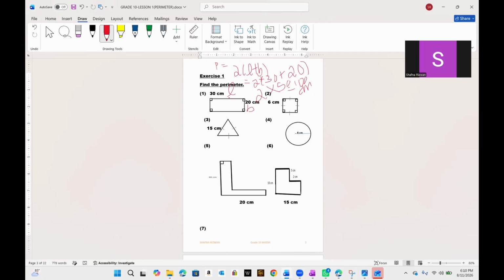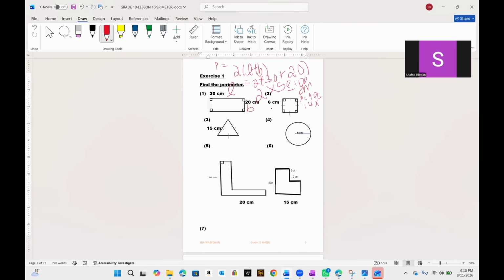So the rectangle is how much? It is 100 centimeter. And then after that, let's go through the second one. Second one is a square. In square, what's the formula? Perimeter equals to 4a. So 4 multiplied by, here what is the a?